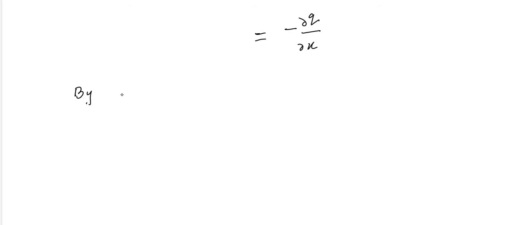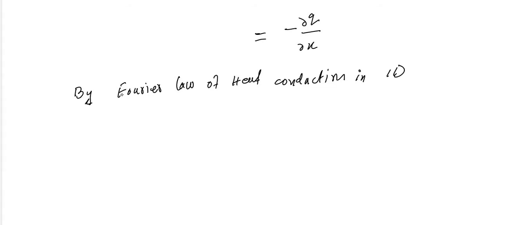Now by Fourier law of heat conduction, in one dimension, you can write q(x,t). This is actually the law of heat conduction. This is a universal rule, you are not doing anything new here.